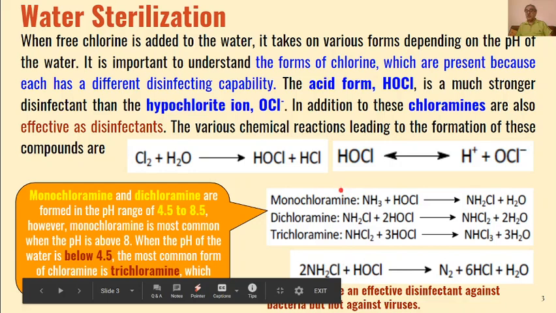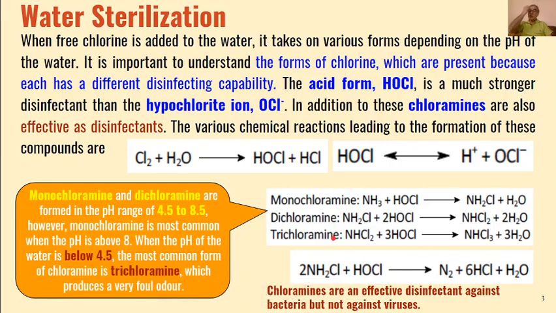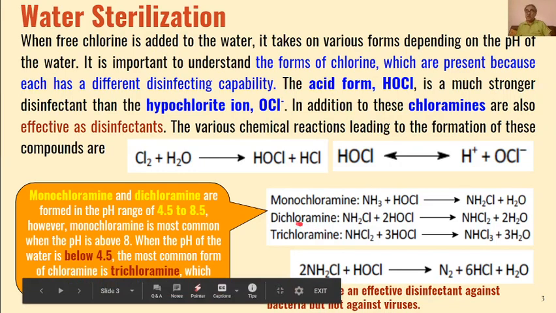They can kill bacteria, but viruses are not affected by these chloramines. And this monochloramine can further react with HOCl, and nitrogen gas can be formed along with HCl and water. So this is how these chloramines can be destroyed by this oxidizing agent, hypochlorous acid, also.